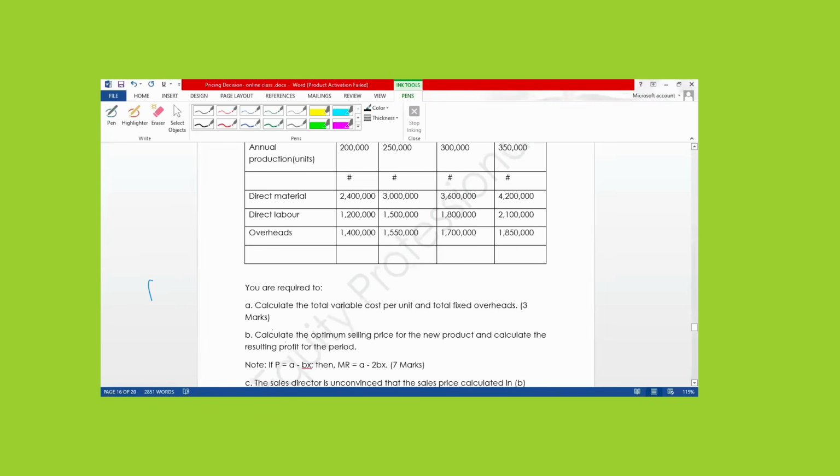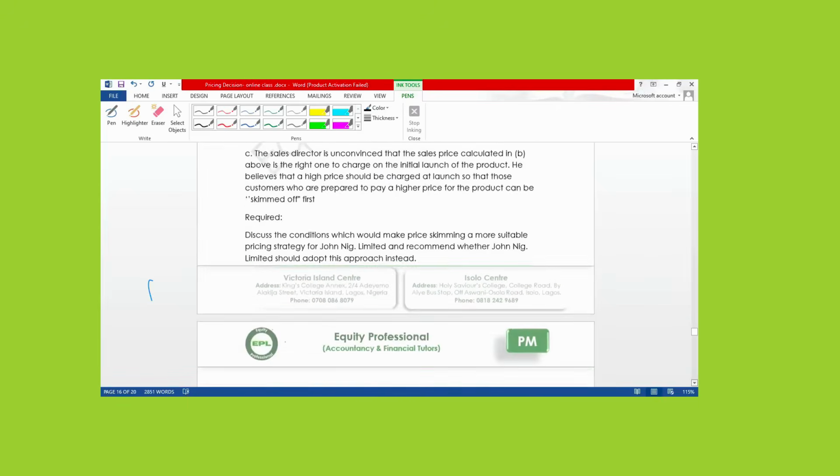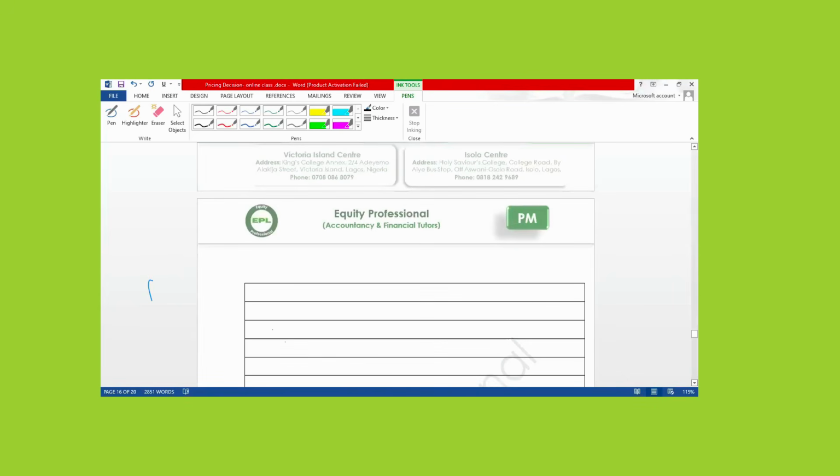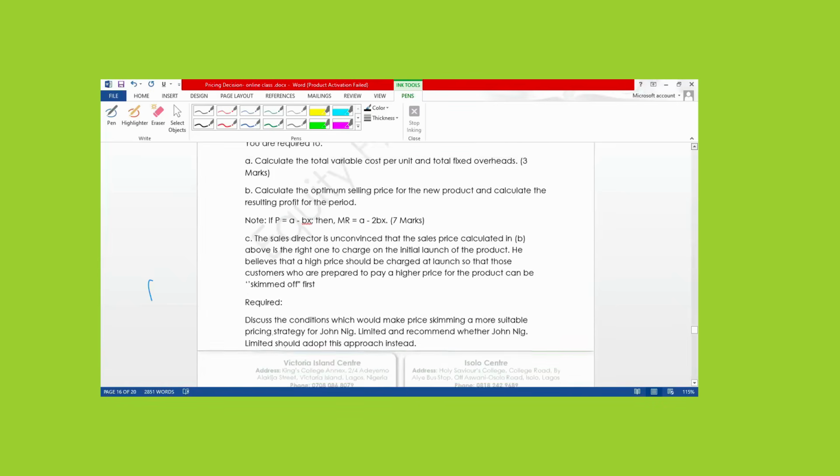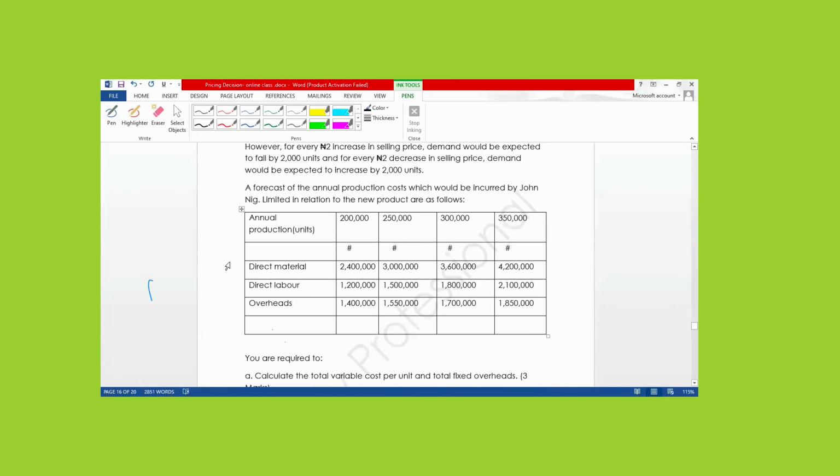Look at this question. If I'm to calculate the total variable cost per unit and total fixed cost, what am I going to do? What am I given in this question? When production is 200,000, I have material cost, labor cost, overhead.